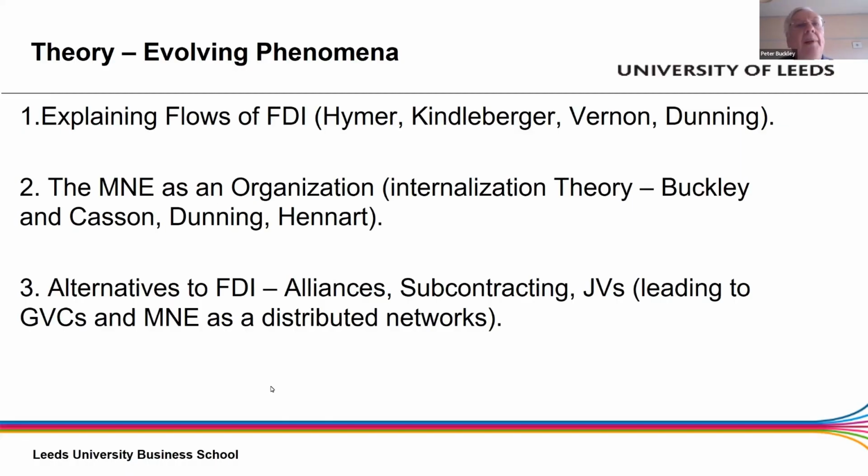But the main story here is that a key empirical phenomenon in the world economy, foreign direct investment, was given a strong theoretical explanation. Heimer explained it in terms of theory, and this was developed by his supervisor Kindleberger and by John Dunning, who came up with the idea that location factors, organization and ownership factors, and internalization factors, as he added later, explain foreign direct investment.